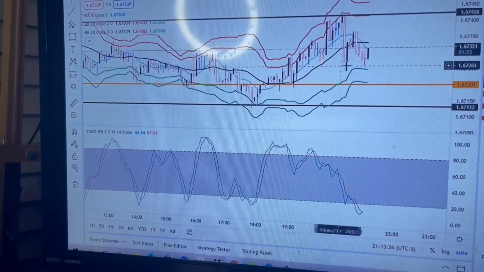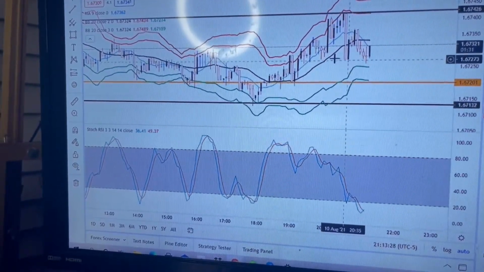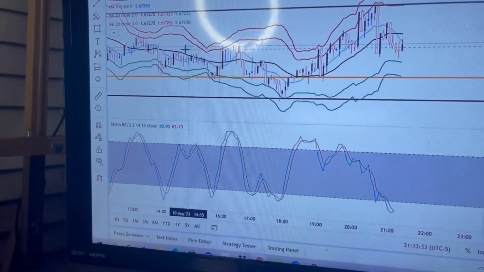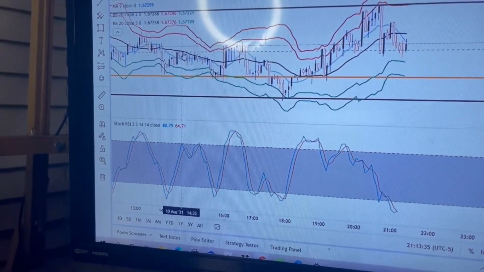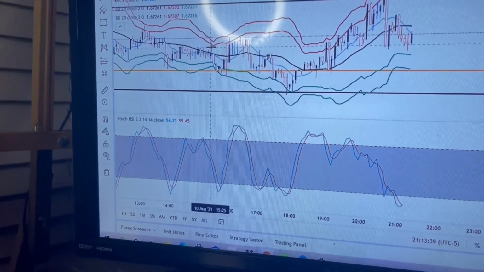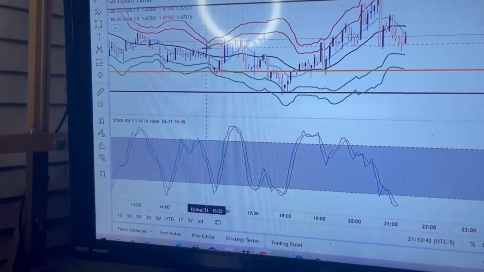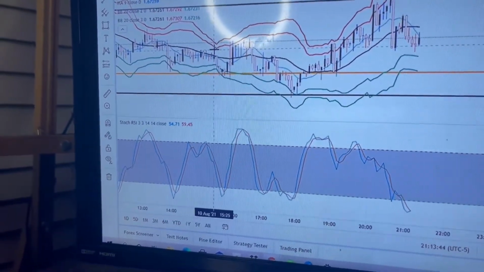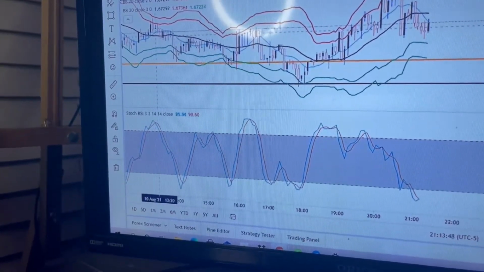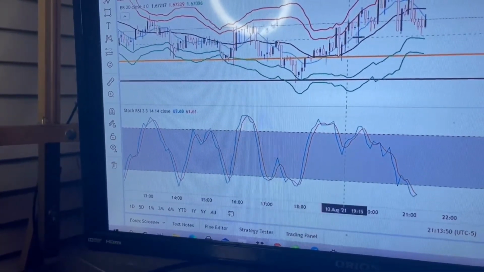Right here you see it's supported at this area, and also over here this is a resistance zone as well. Oh well, yeah, it was a past resistance that now has become a support. So you see that a lot in the markets where resistance becomes support. Right here it was a support that became a resistance, then it became a support again.